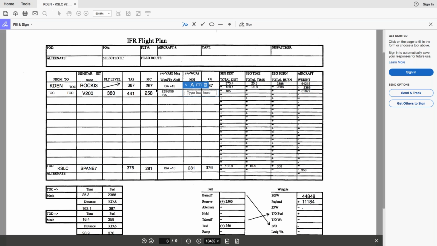Okay, so what is your magnetic heading correcting for your winds? I got 255. What did you get? I got 256.